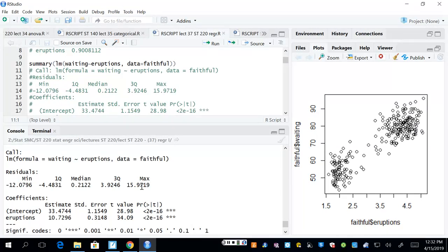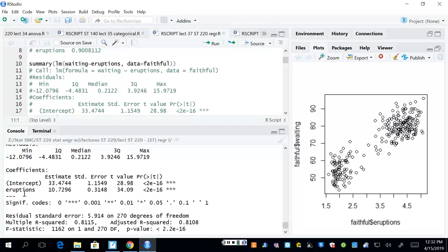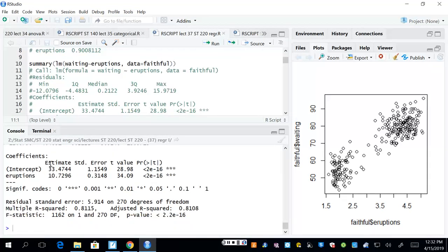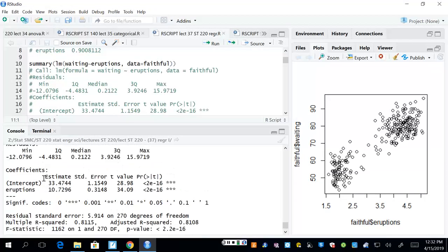Maximum difference about 16 errors. So just a little summary to give you a little picture of what those look like. And it gives you this equation here, right? That gives us some coefficients. So it's intercept and eruptions. The x variable is eruptions, so it's giving us the multiplier of that, and a couple other things that are there.